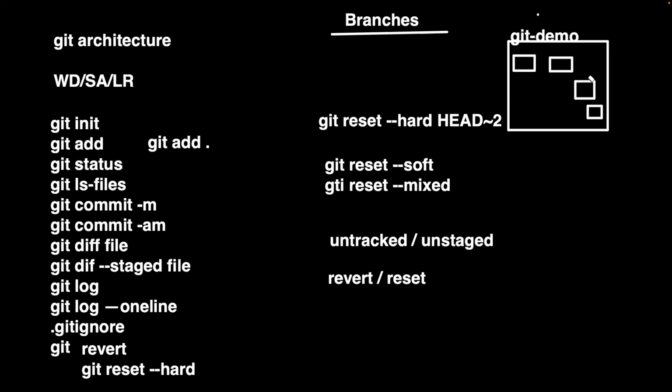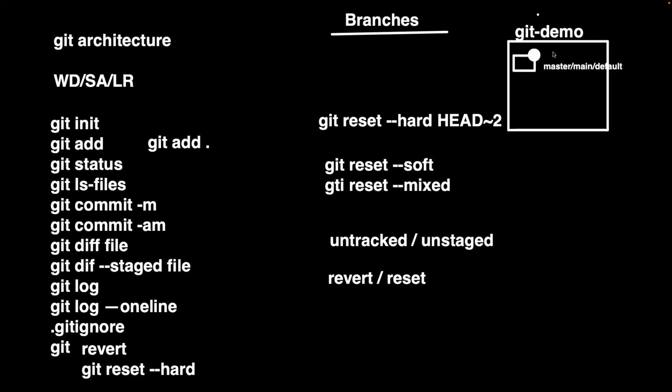For the first time when you create a local repository, by default you will have only one branch, called the main branch or master branch, whatever you call it, or a default branch. This is the one available by default. I'm repeating, a branch is nothing but a virtual directory in your local repository. Whenever you create a local repository, by default there will be only one branch called master branch, main branch, or a default branch.